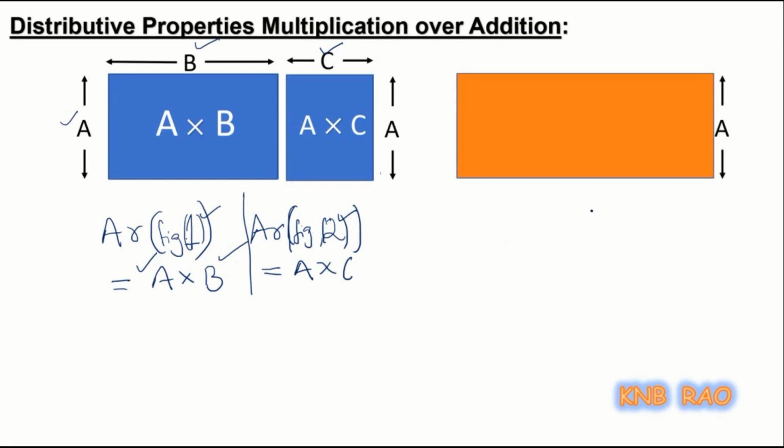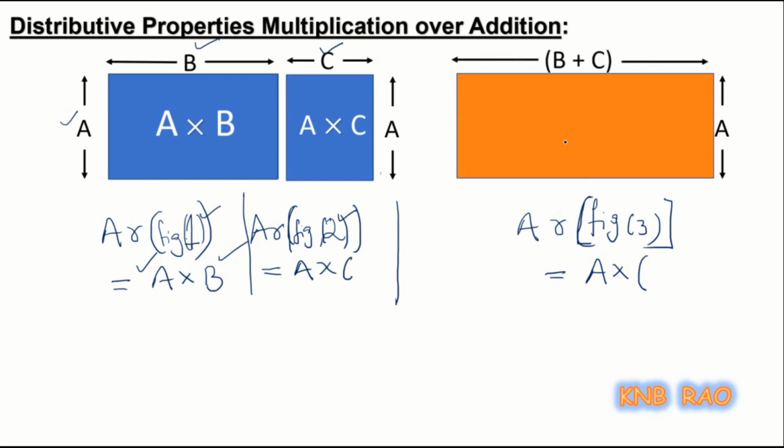Let us name this rectangle 3, or figure 3, and I want to find its area. I need dimensions. One dimension is A. Now what is the other dimension? I am saying that it is B plus C.